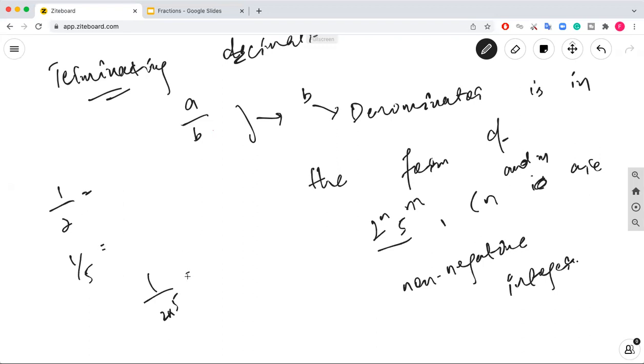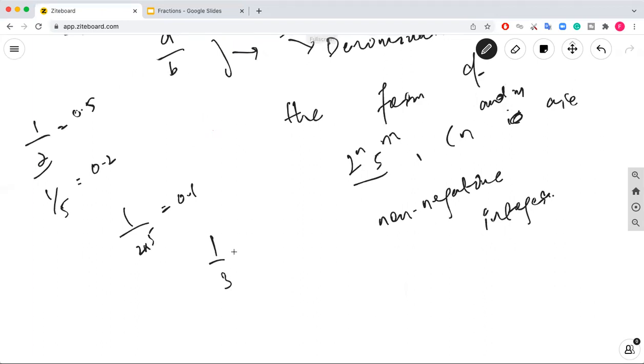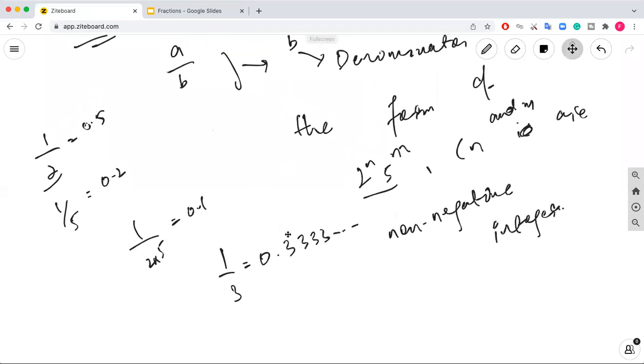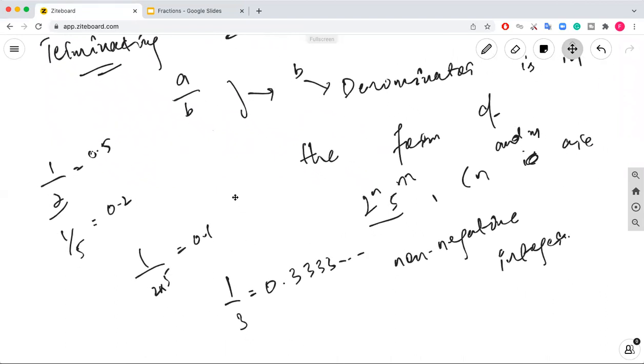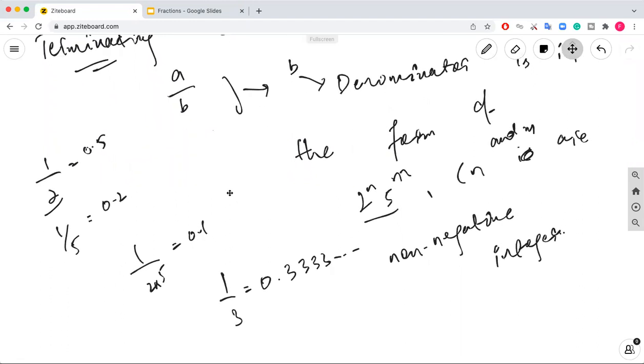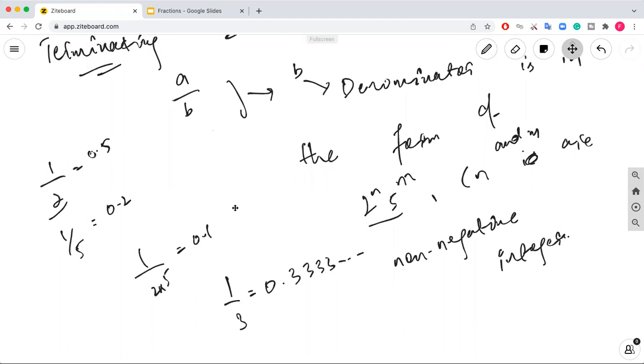So in actual, the decimal will terminate. This will be 0.5, this will be 0.2, this will be 0.1. In any other case, when you have any other value except 2 and 5, the fraction will not terminate. For example, if this is 1 over 3, this will keep on going infinitely. So for terminating, the denominator must be a multiple of 2 and 5: either any multiple of 2, any multiple of 5, or any combined multiple of 2 and 5.